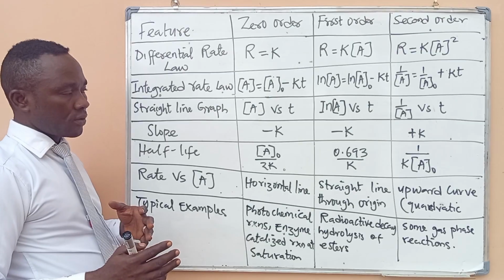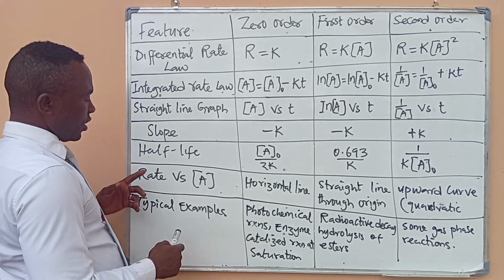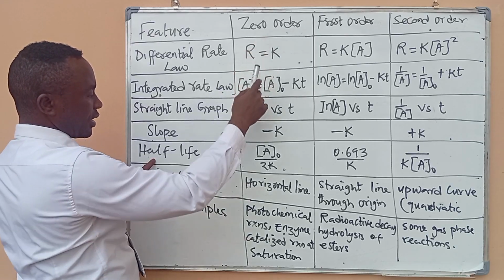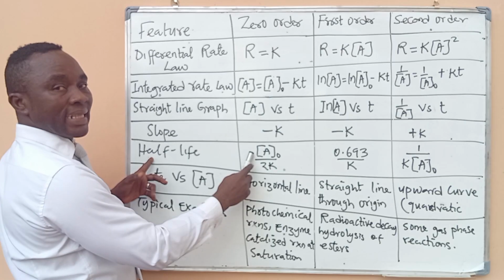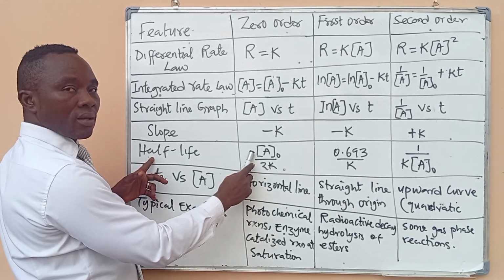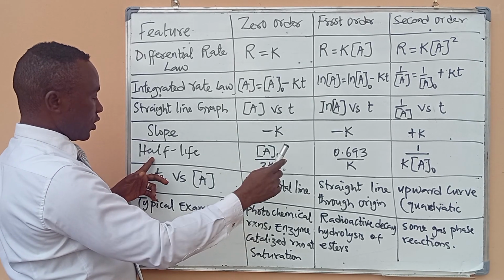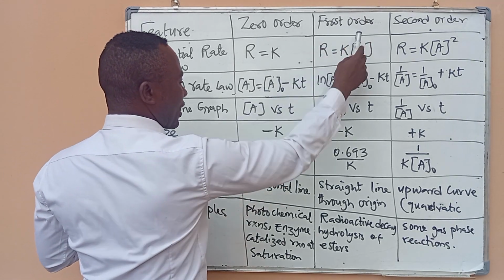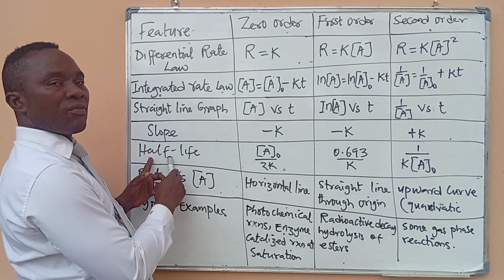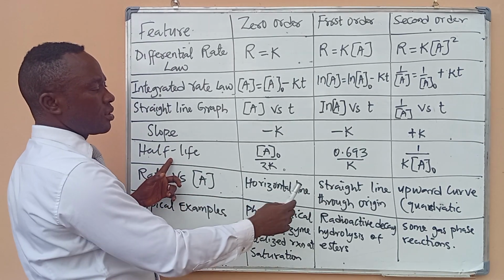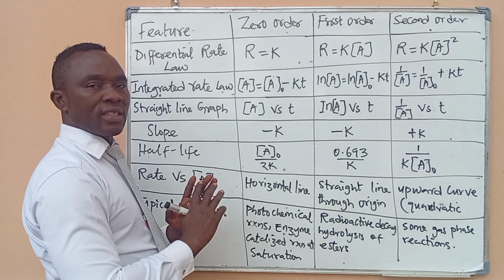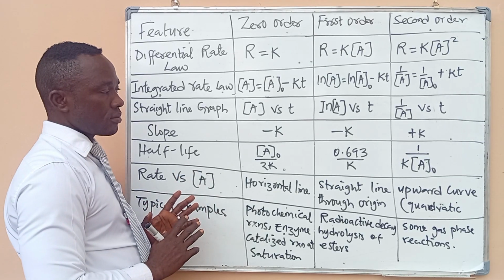What does this tell us? The half-life of a zero order reaction depends linearly on the initial concentration. Also, if we go to a first order reaction, we see that the half-life is independent of the initial concentration.